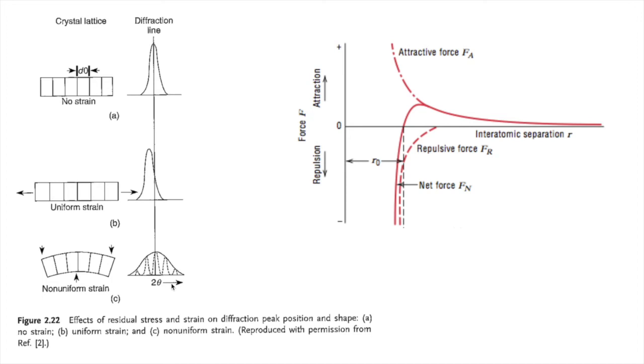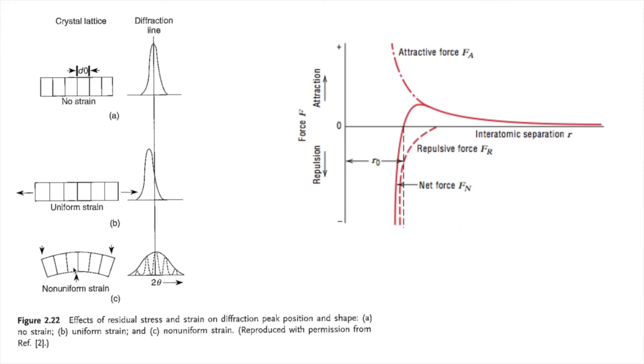So we can think about why this occurs. The case here was uniform, so everything is under uniaxial tension. Here, it looks more like bending, right? So it's compression down here and it's tension up here. And so the material really has both tension and compression.